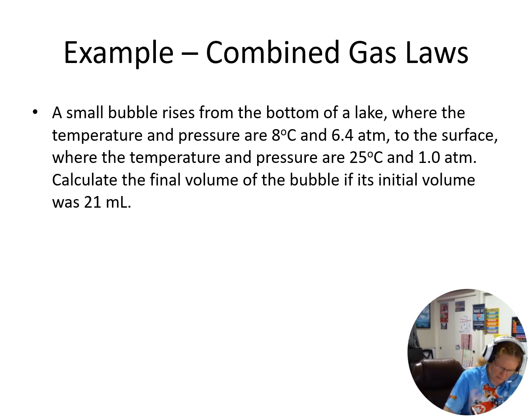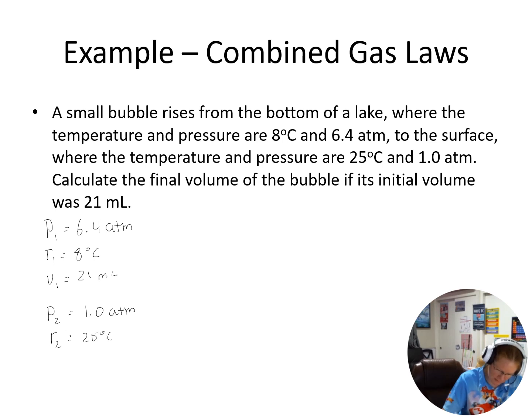Okay, so we had a pressure 1 of 6.4 atmospheres. We had a temperature 1 of 8 degrees Celsius. We had a volume 1 of 21 mL. Okay. We had a pressure 2 of 1.0 atmospheres. Temperature 2 of 25 degrees Celsius. And we don't know that second volume.